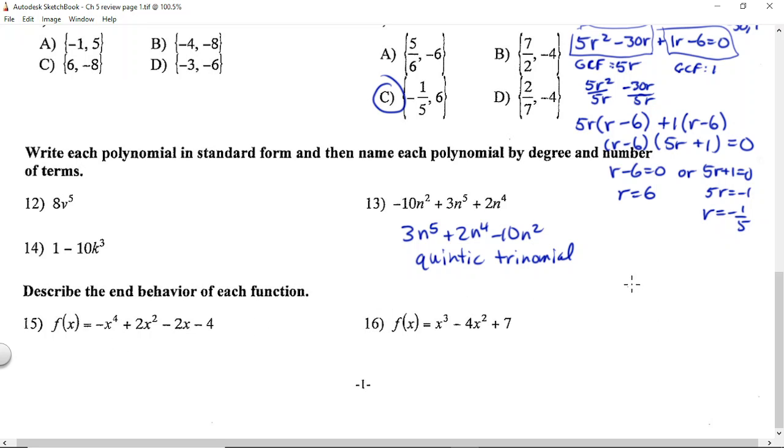Why don't I go ahead and write a quick version of the table over here. Sign positive, degree even.